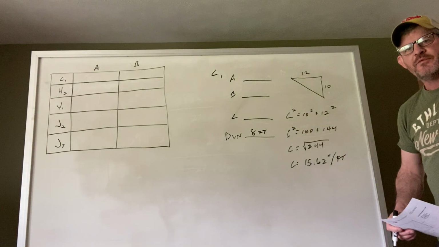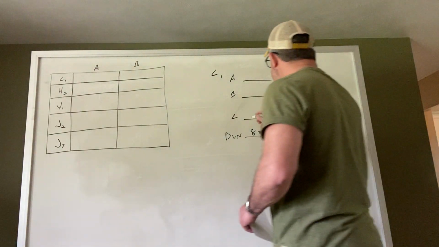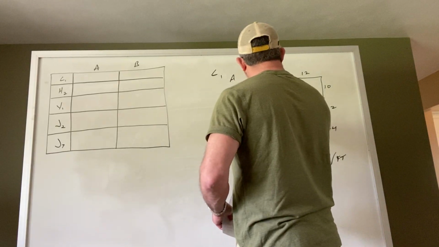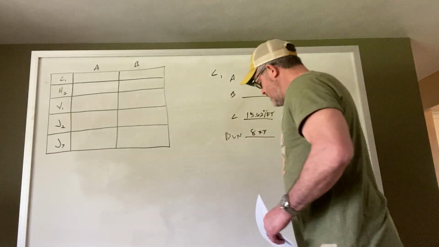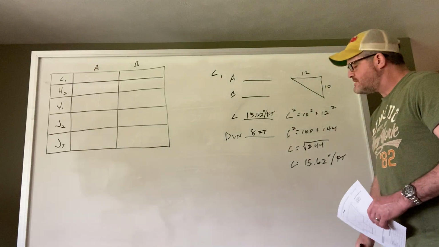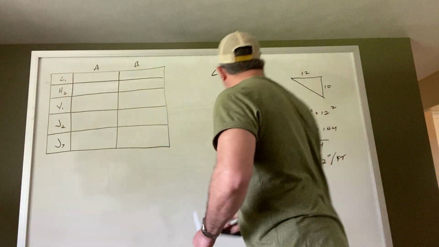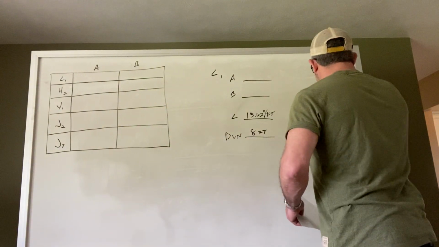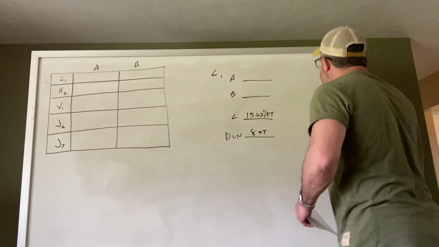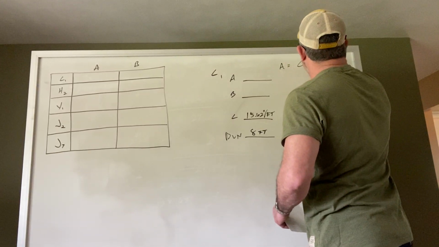Again, math we've already done several times. So 15.62 inches per foot of run. Everybody sees that. From there, we solve for our A and our B. Again, my formulas never change no matter what the rafter is.